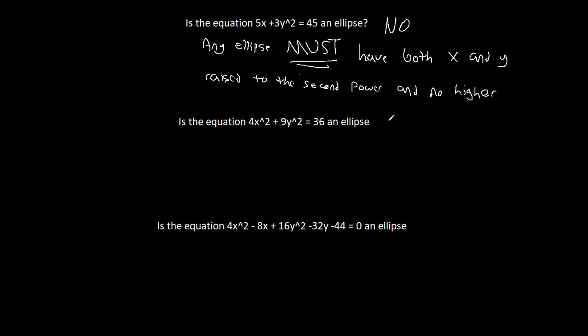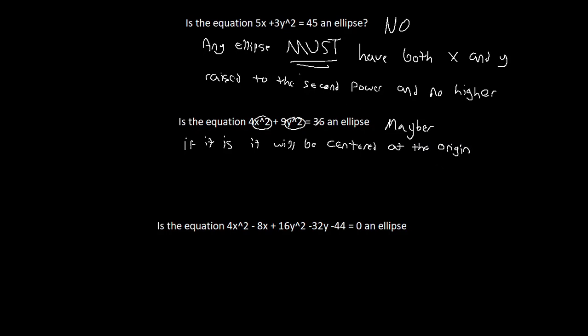Without doing the algebra, I'm going to say maybe. I say maybe because I see we have x squared and we have y squared. But I can go a step further and say if it is an ellipse, it will be centered at the origin.